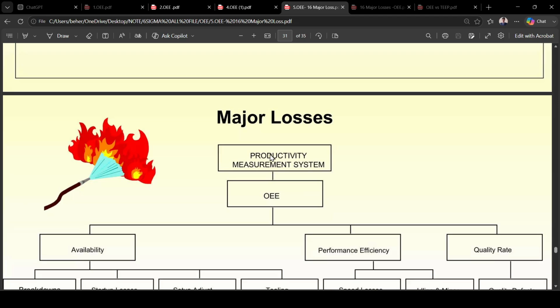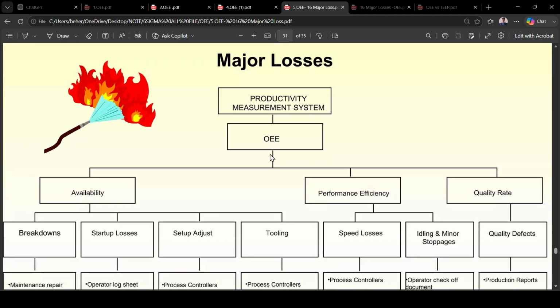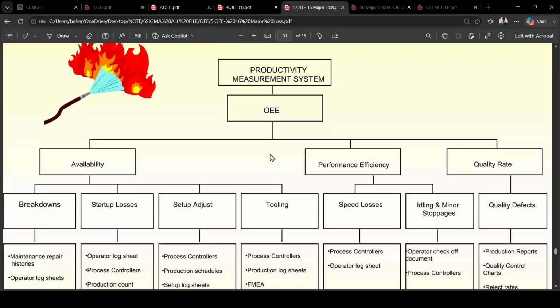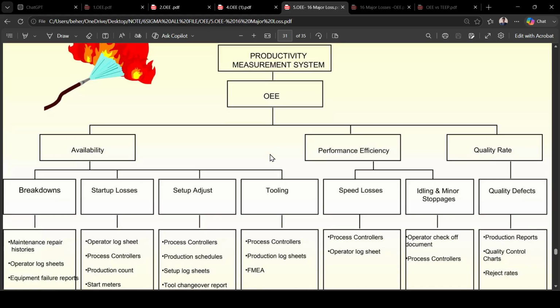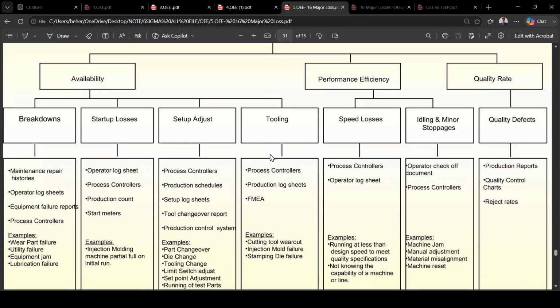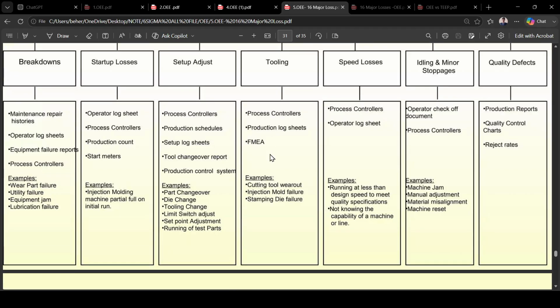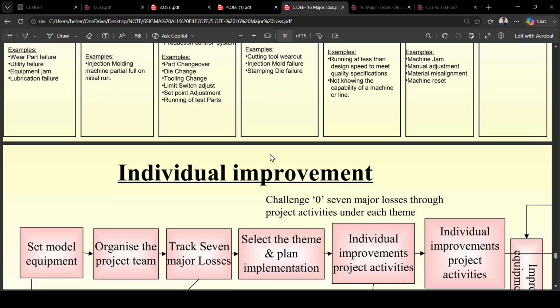Major losses. See, that is the major losses, which areas have losses, we can mention that. Individual improvement.